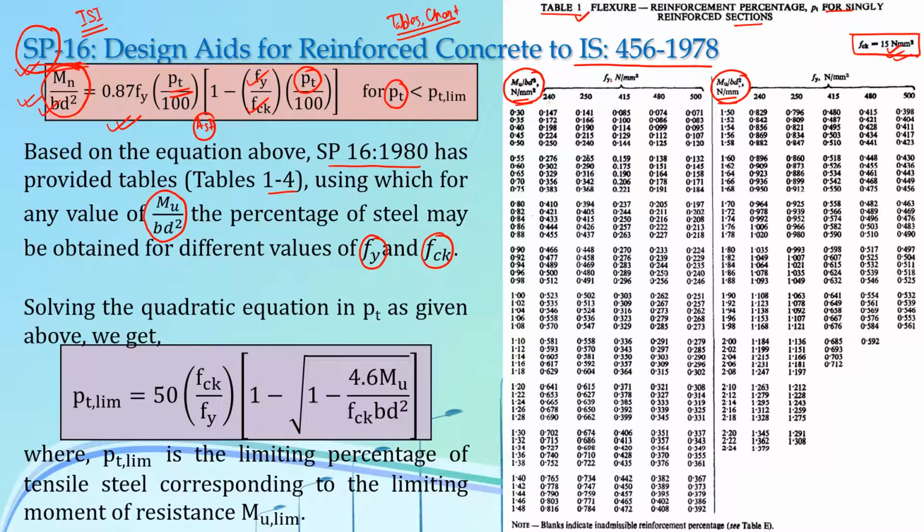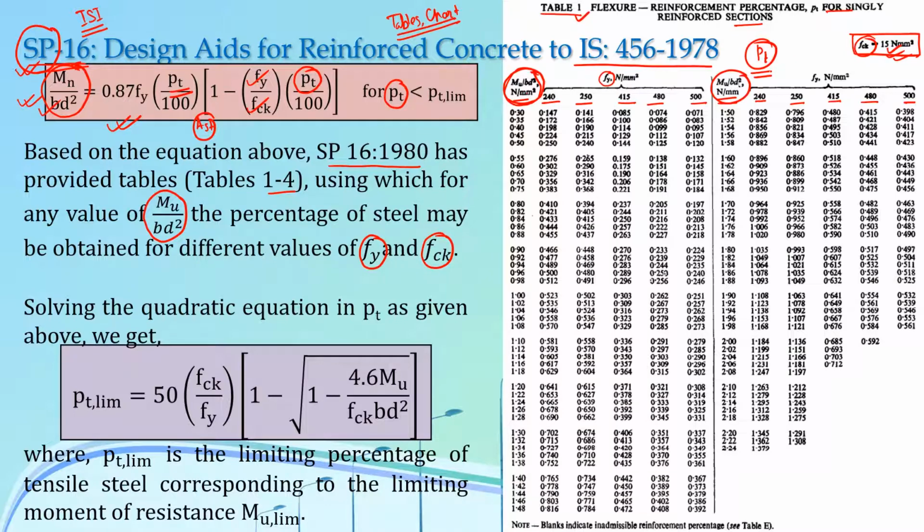And for different grades of Fy, 240, 250, 415, 480, 500. So for given values of Mu over Bd square, Fy and Fck, this table presents the value of Pt, that is the percentage of steel reinforcement.